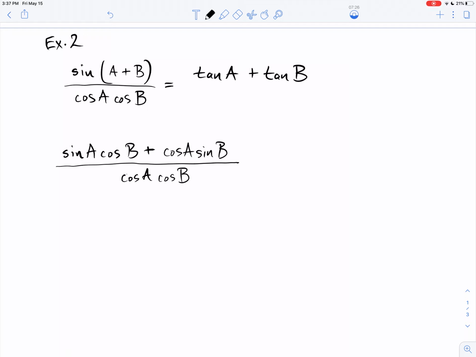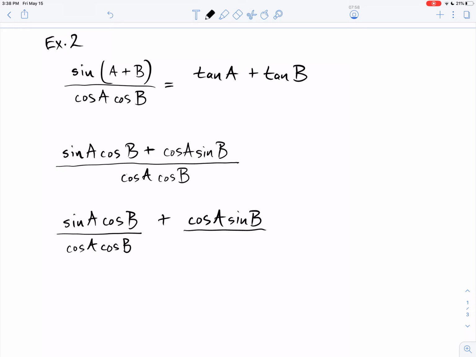Now this is where you've got to remember some of your most basic, simple math. If I have this guy right here, and I have this guy right here, I can split it and say it's the same as this fraction plus this fraction.